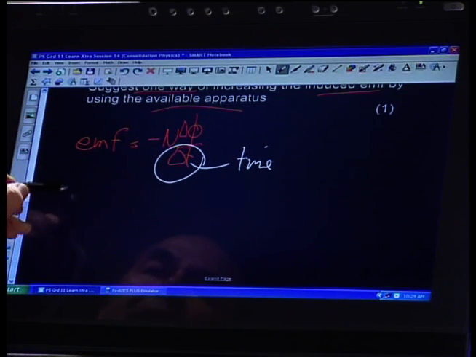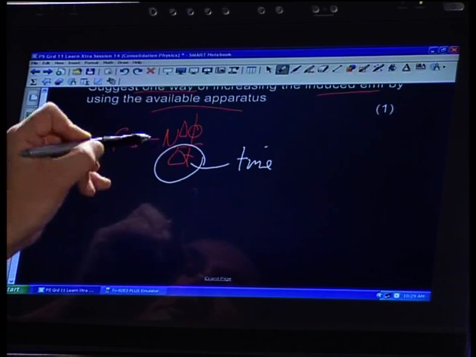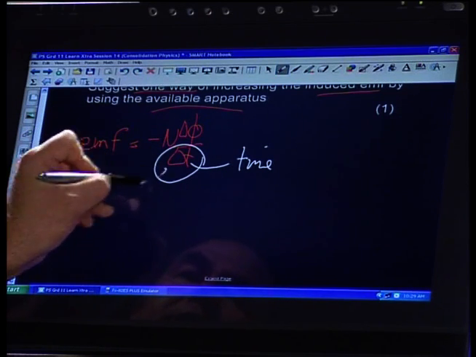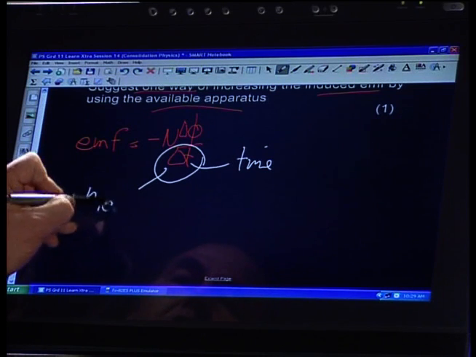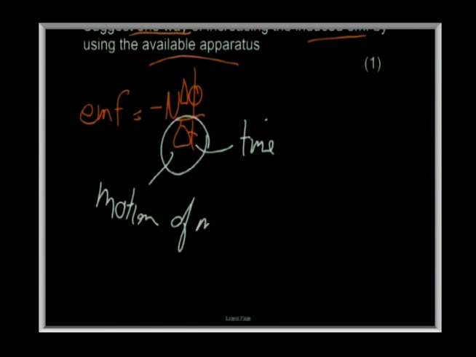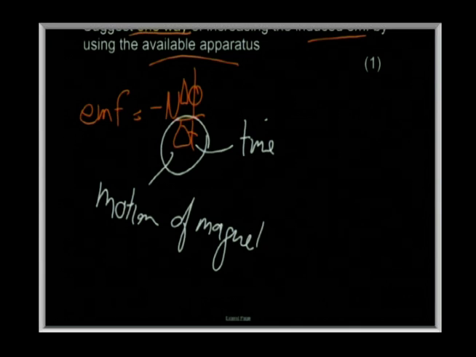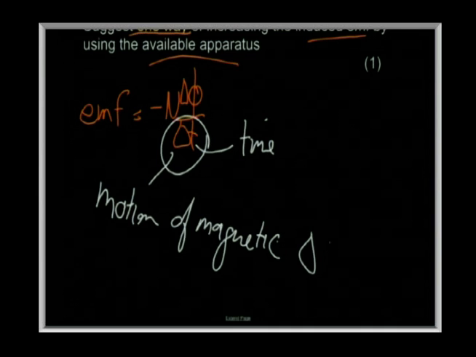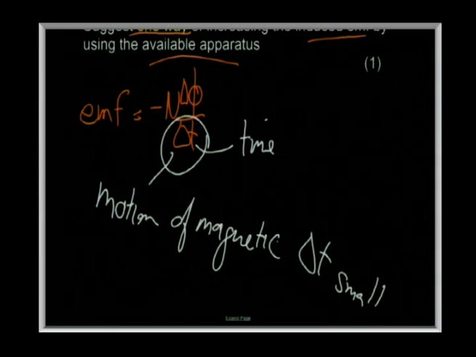So if you recognize changing the time, which in effect means the motion of the magnet, or the speed of the magnet, what do you want to do? You want to make delta T small, which means that you want to make this motion very fast.